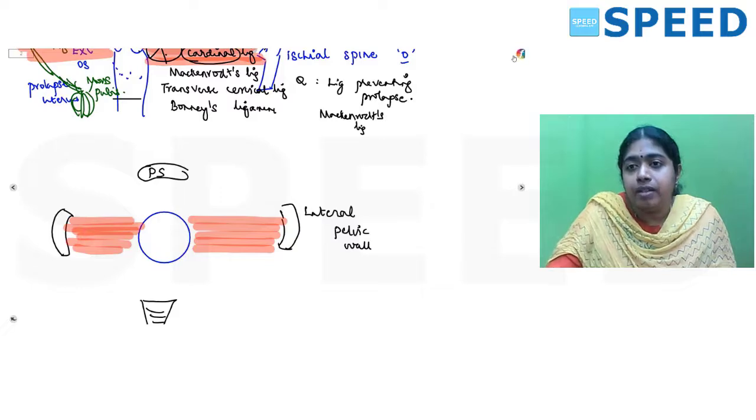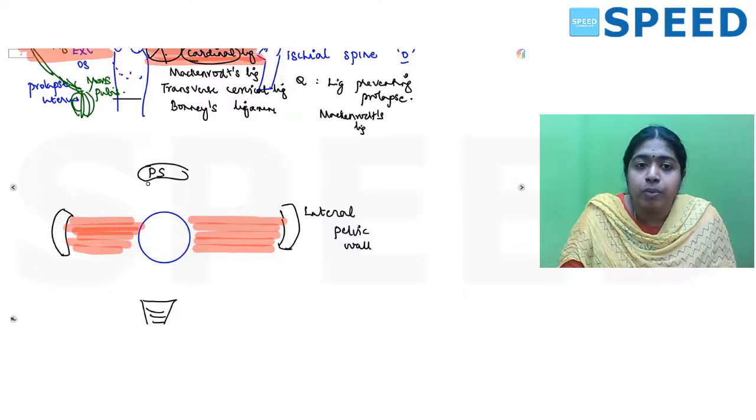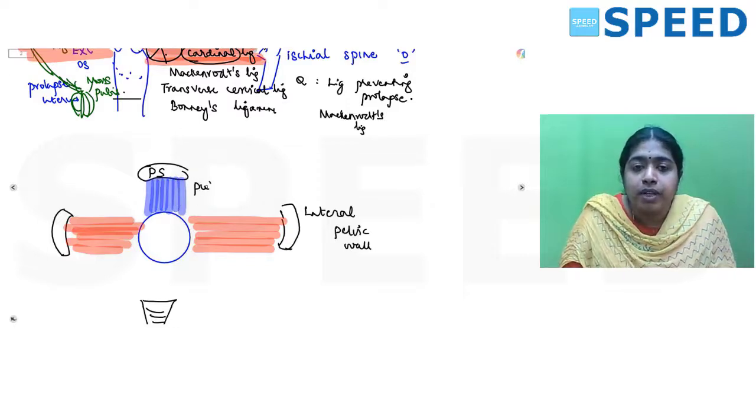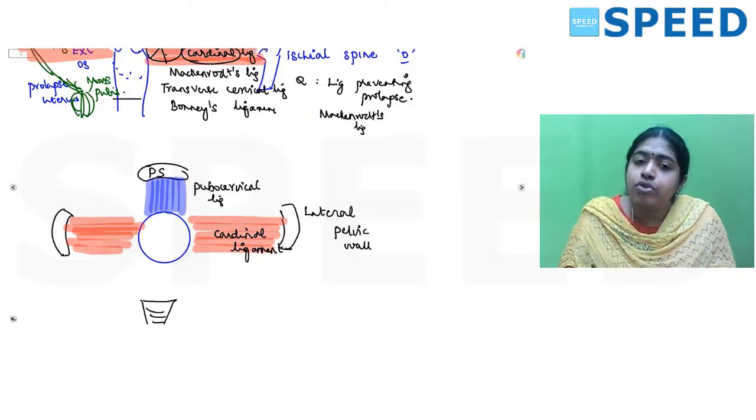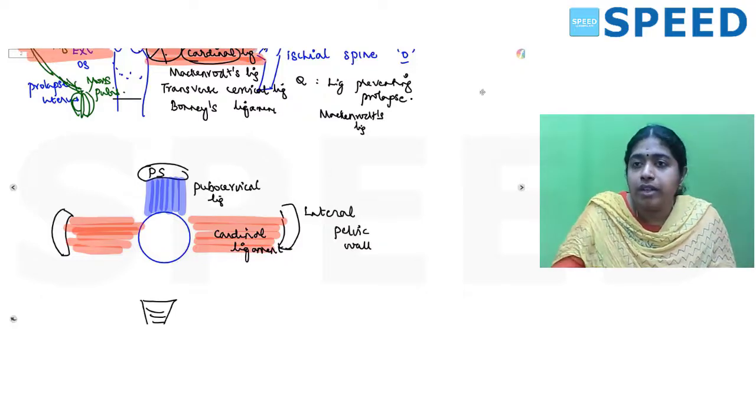Anteriorly, the cervix is attached to the pubic symphysis by the pubocervical ligament. We will name it, okay? So the pubocervical ligament. It's attached all around by strong ligaments. This is our cardinal ligament or Mackenrodt's ligament. Similarly, posteriorly also it is surrounded by very strong ligaments, right?